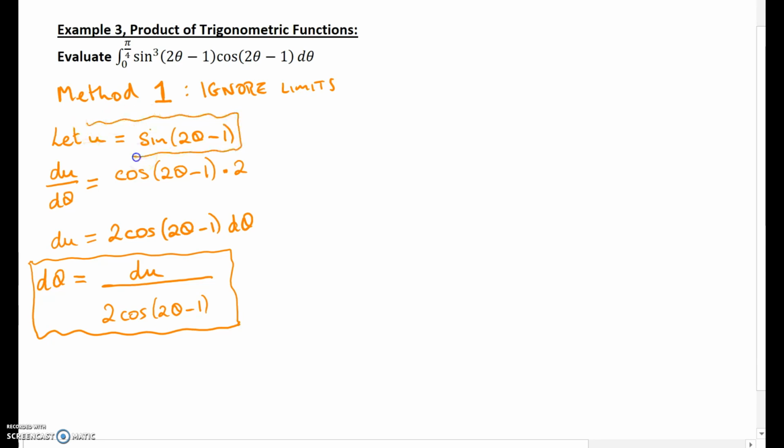Okay, so this is what we have at this point. u equals sine 2 theta minus 1. That was our first important piece of this, and the other part of the jigsaw is getting d theta on its own.